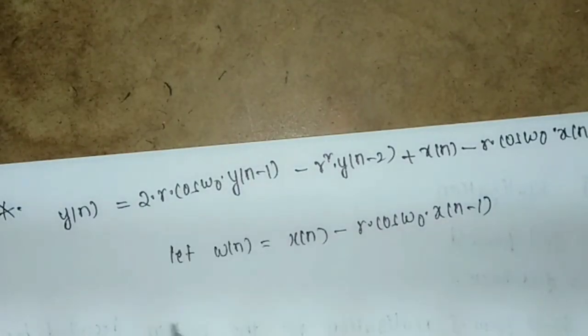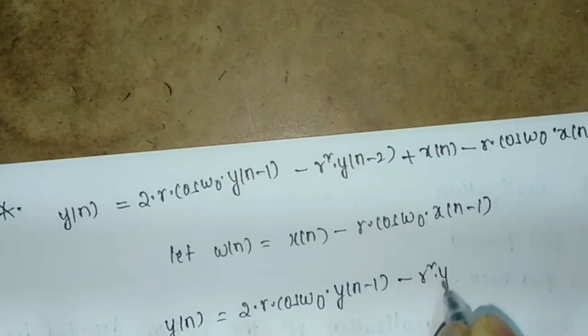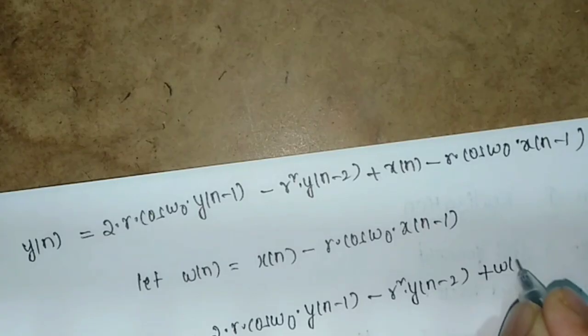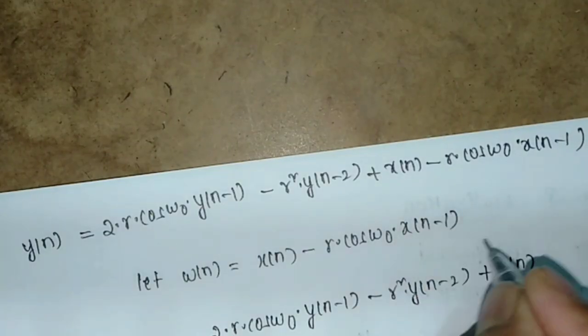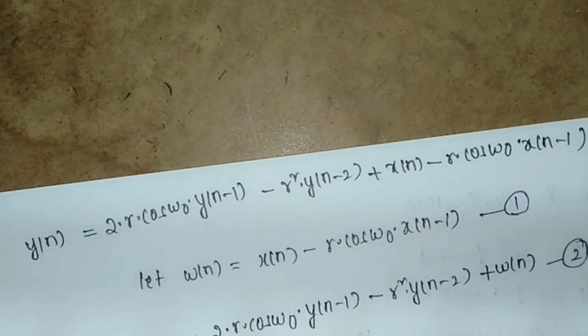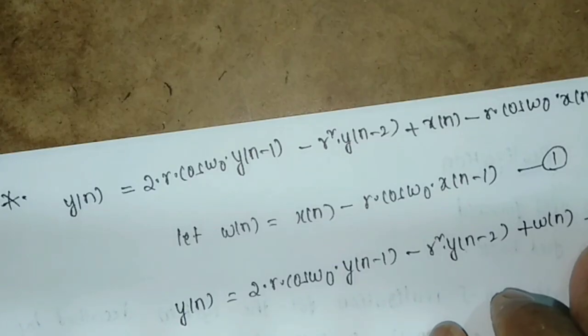Now according to this, y of n you can write as 2 into r cos omega naught into y of n minus 1 minus r square into y of n minus 2 plus w of n. This is equation number 1, this is equation number 2. So you have to implement equation number 1 as feed forward and equation number 2 as feedback.